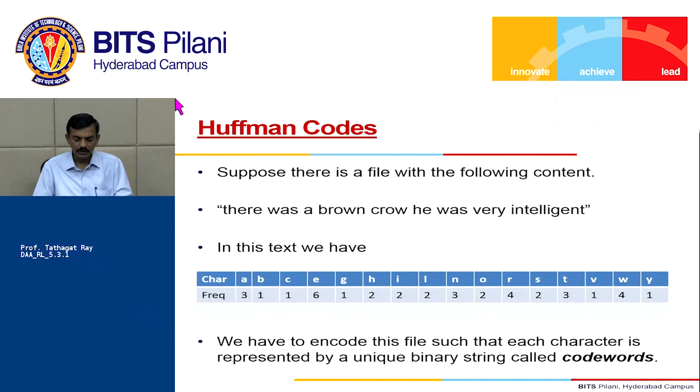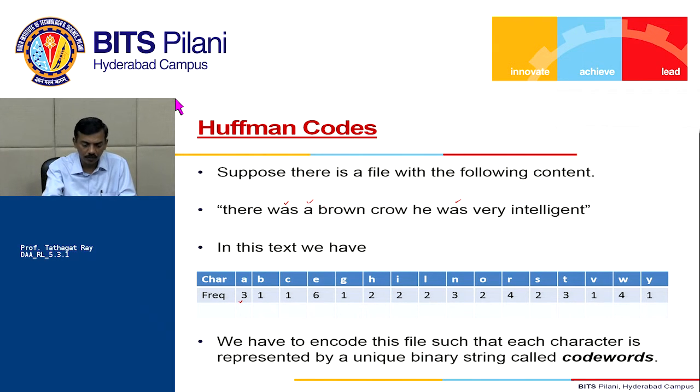And we look at how many times a particular character appears in this entire text. So in this text we have character A appearing 3 times. So 1, 2 and 3, okay?